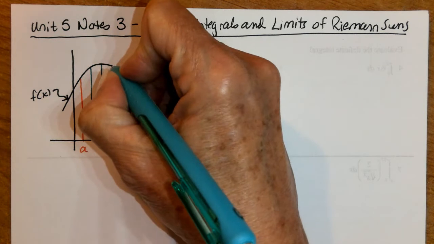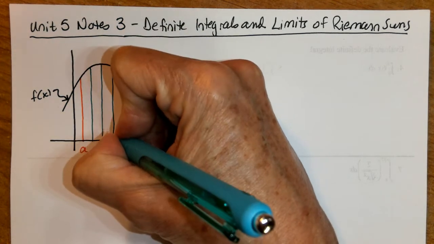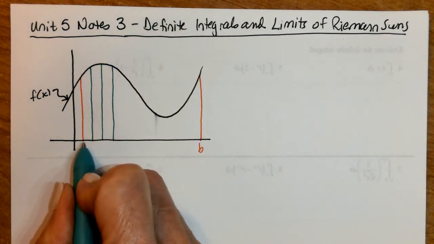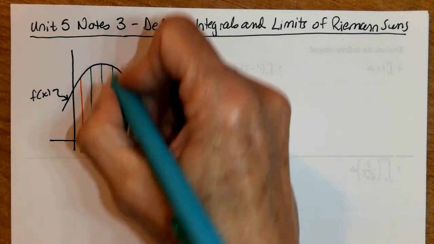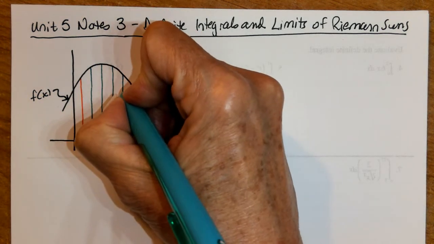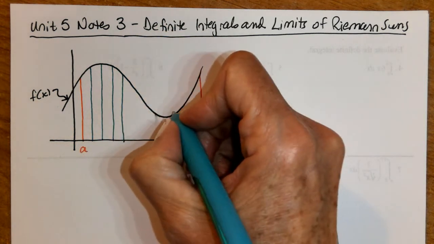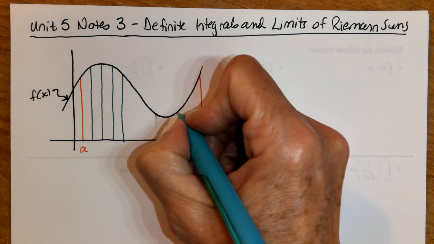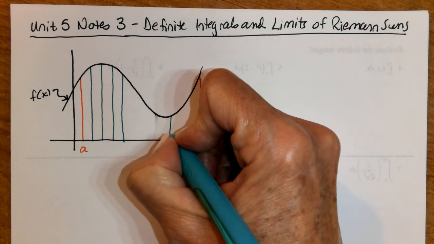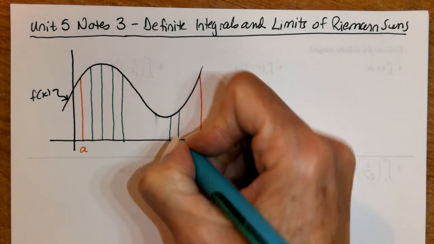In my drawing, I may or may not be successful in that, but let's assume that I'm making every base length the same. And I'm going to call every base length delta x.